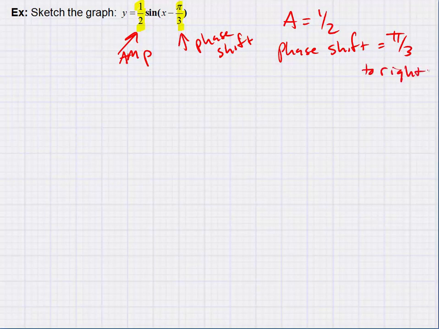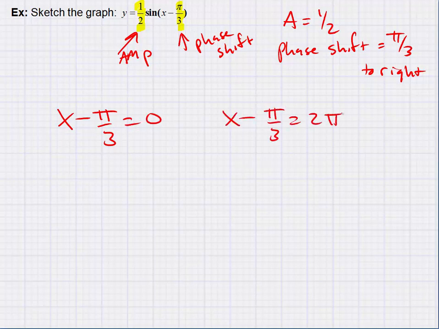Now, the best thing to do if you're going to redraw the graph is to say, okay, I'm going to move the graph pi thirds to the right. I don't want to sit there and have to move every single point pi thirds to the right. So what I'm going to do is take this x minus pi thirds and set it equal to 0, and x minus pi thirds set equal to 2 pi, which is going to move these 2 points.